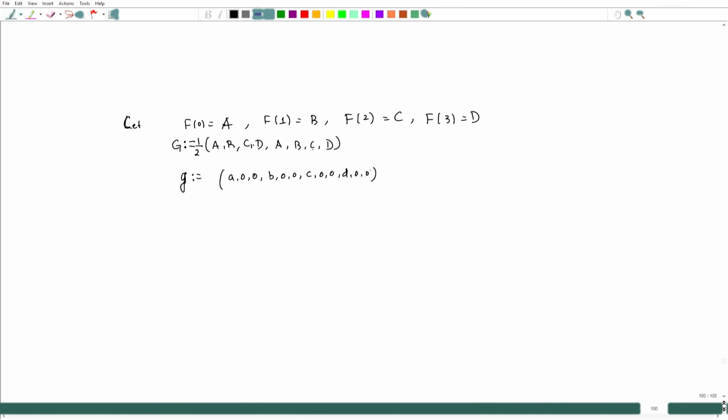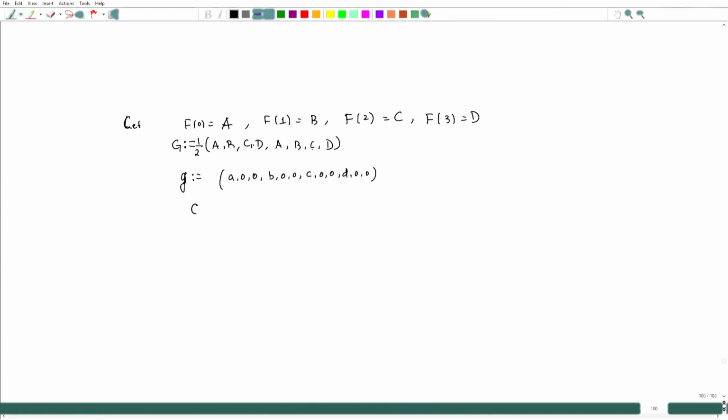That means I am looking at Z12. Now, here m is 3, therefore this g hat is going to be 1 by 3, then a b c d, a b c d, a b c d.